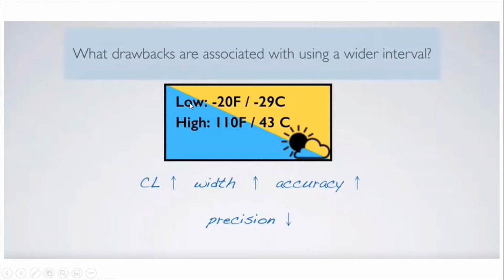You listen to the weather announcement and they say that today the weather could be as low as -20 degrees Fahrenheit and as high as 110 Fahrenheit. So basically, he's saying that today can be either very cold, -29 degrees Celsius, or very hot, 43 degrees Celsius.